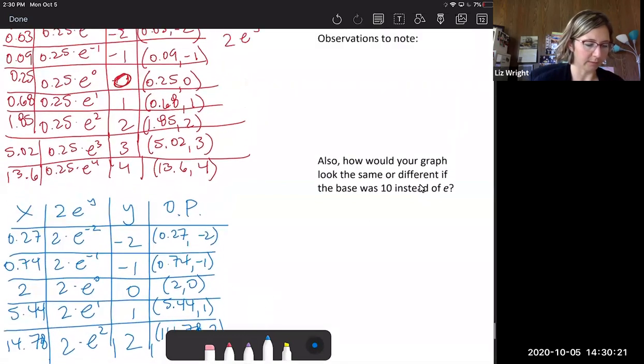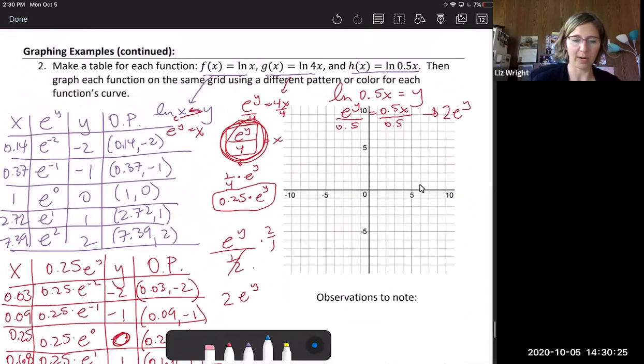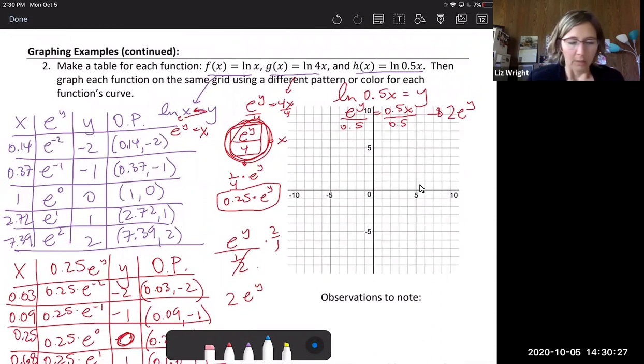All right, I'm going to graph. Purple first for my first one. It looks like 0.14, negative 2.